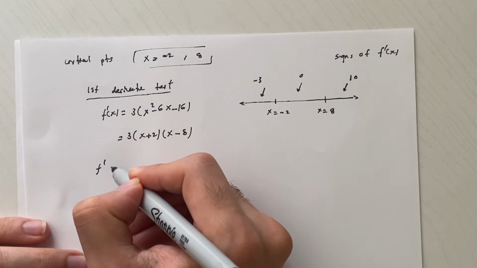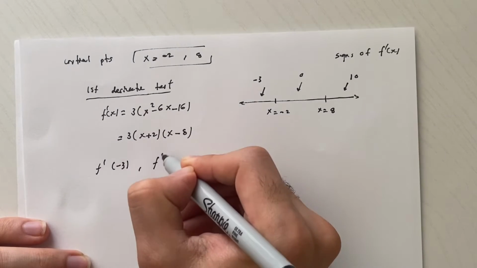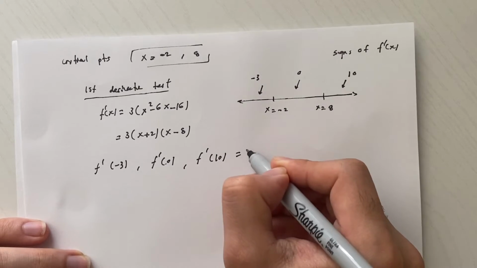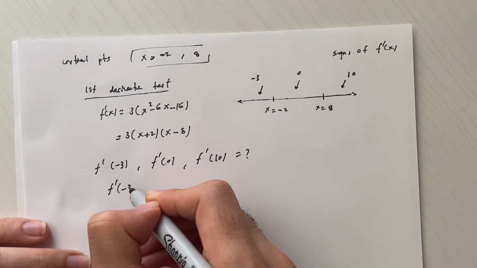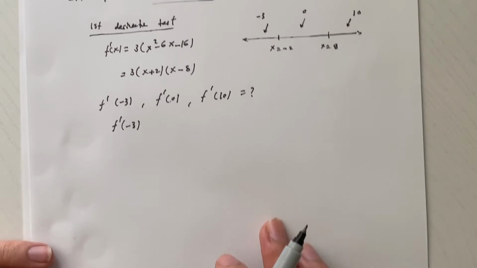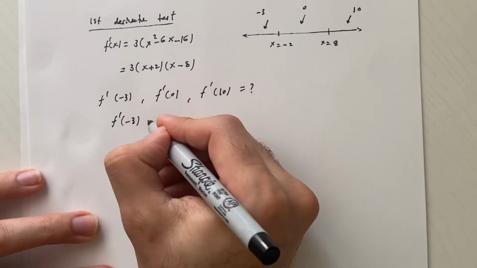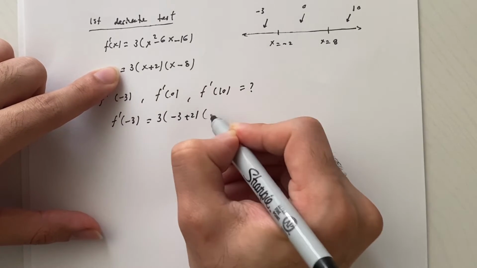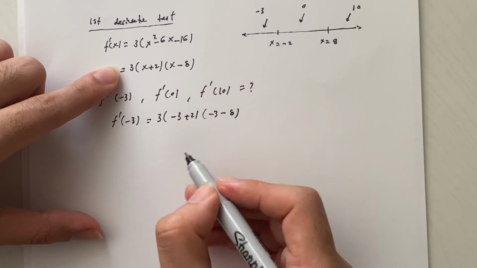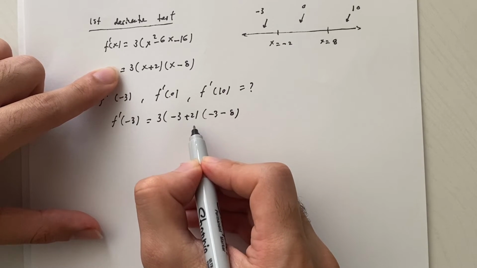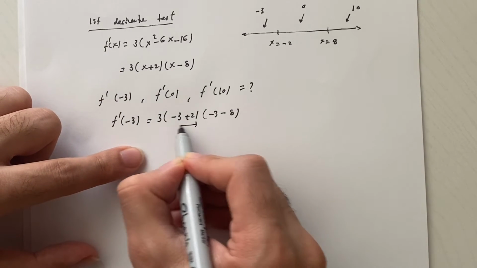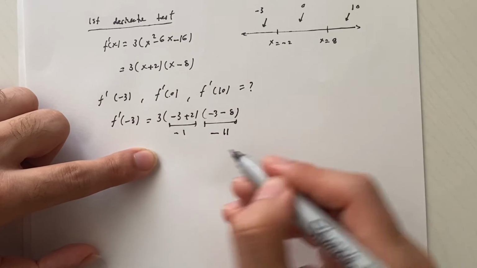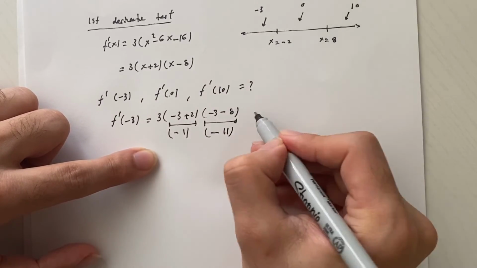Then again I want to find the signs of the first derivative at these values. So I'm going to plug minus 3 into the first derivative: 3, then minus 3 plus 2, and then minus 3 minus 8. This term is minus 1, and this term is minus 11. Multiplying negative by negative gives positive.